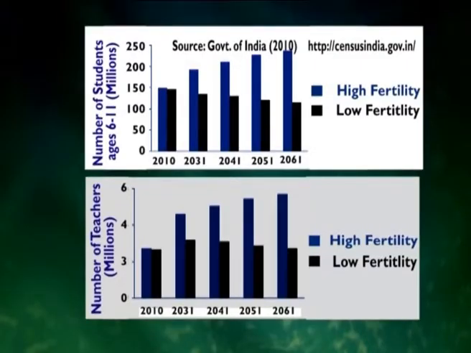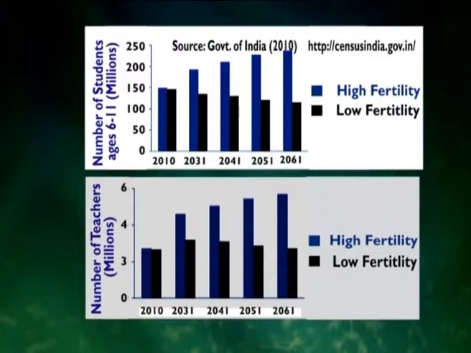For further elaboration of this development goal, let us first discuss the expected increase in the number of primary students and the teachers required for them. These are shown in this figure for low as well as high fertility rate scenarios.